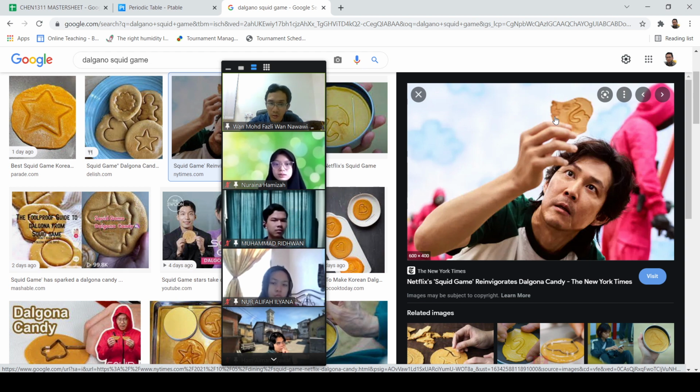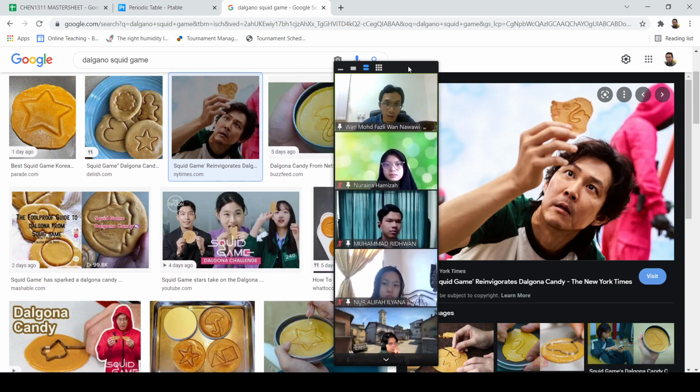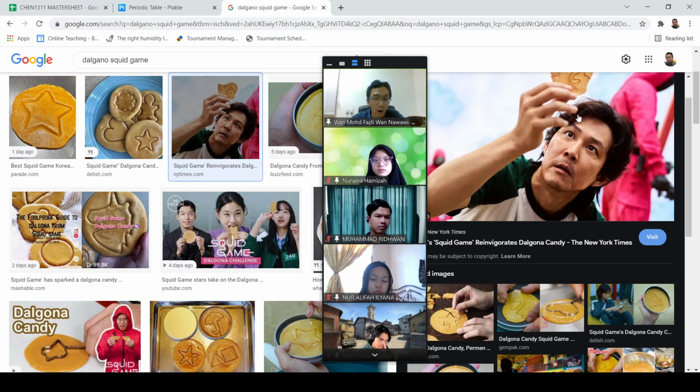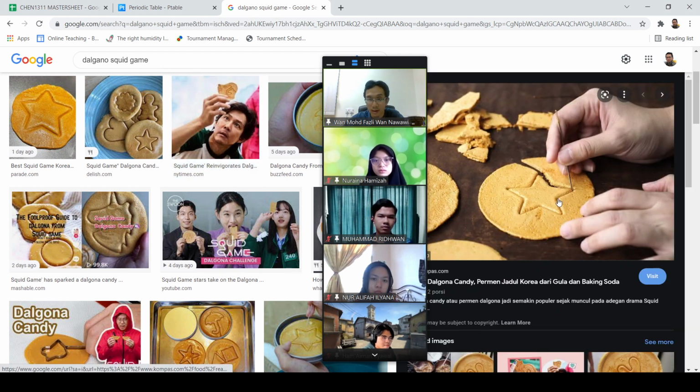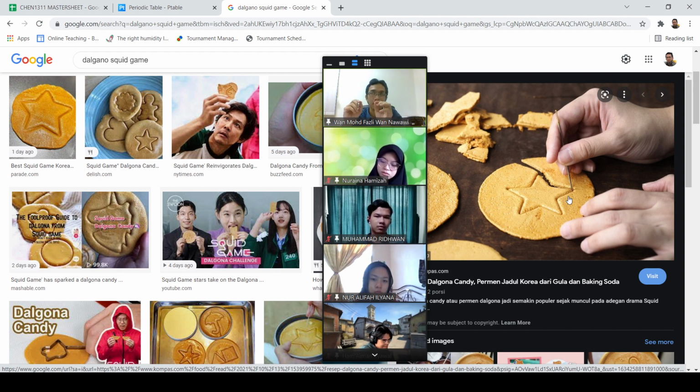So this Dalgona, you know how difficult it is to cut this thing. This is a behavior of brittleness. When they crack, there is no sign beforehand. If you have metal, it's different, right? If you try to pull it, at least it will become ductile first.